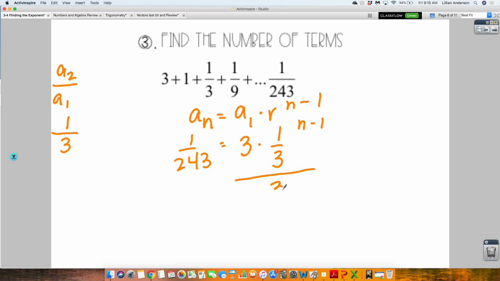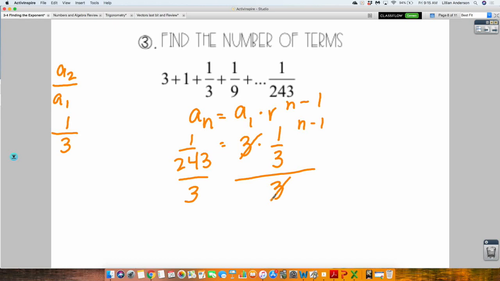So we're going to start by dividing both sides by 3. And the thing is that when you do 1 over 243 divided by 3, you are going to get a decimal. But if you go into your calculator and you use the button that has an A and then a B/C, it's going to allow you to actually do the fraction. And then it's going to give you a fraction.